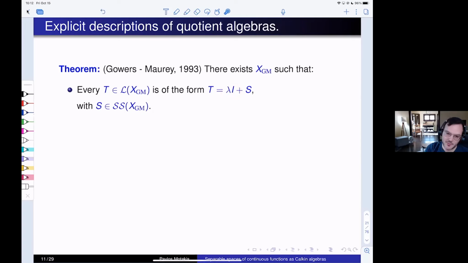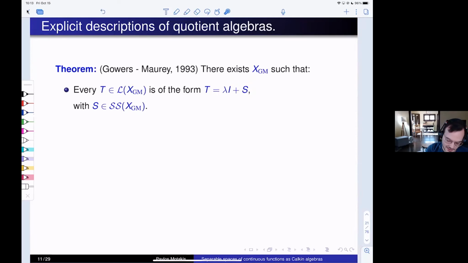And we imagine strictly singular operators as being very small operators. So in this sense, the operators on this space are all scalar multiples of the identity plus something very tiny, something that we can perceive as an error or as noise. So this is indeed an extremely tight control of the space of bounded linear operators.